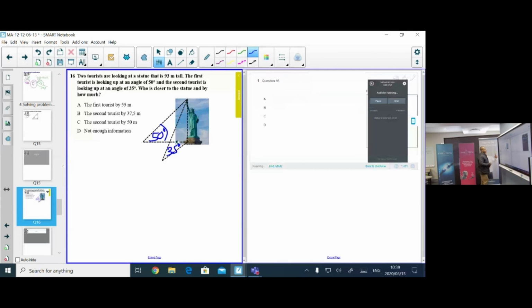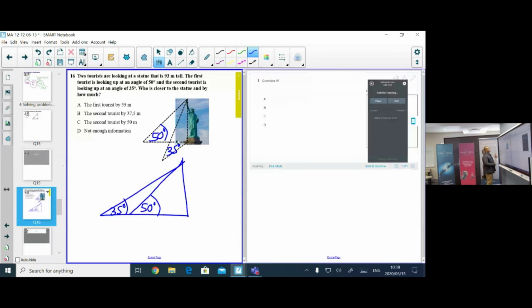You could also put these into a two-dimension arrangement like this. And then 35 will be a smaller angle, so that will be this one, whereas 50 will be the bigger angle. So that's also another representation of the same.